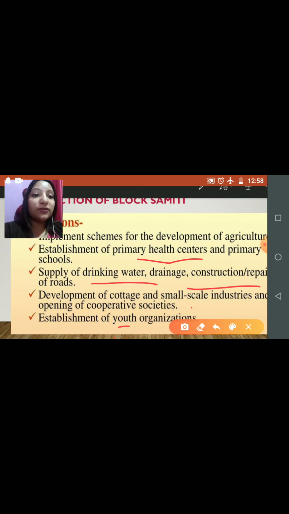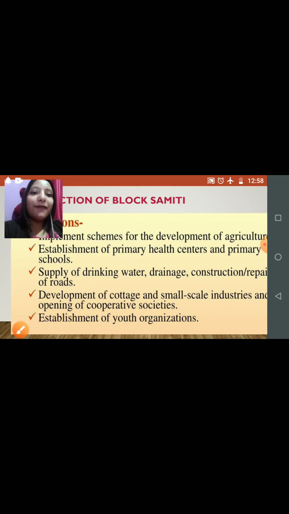They also establish youth organizations, which enhance community development. Youths get the opportunity to participate in the different affairs of the villages, they will be self sufficient and more responsible citizens. So these are all the functions of the block samiti at block level.